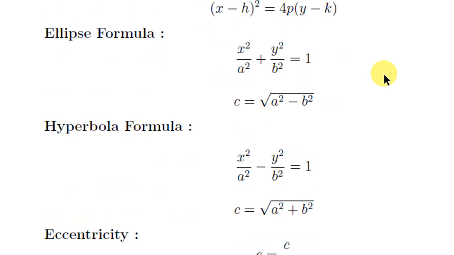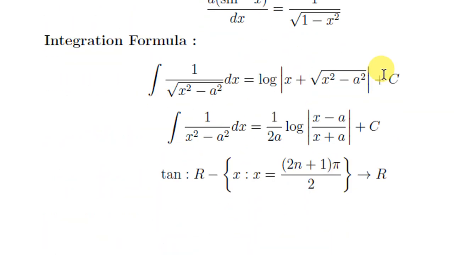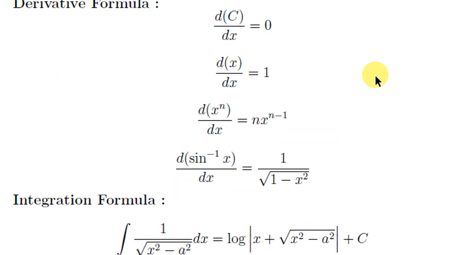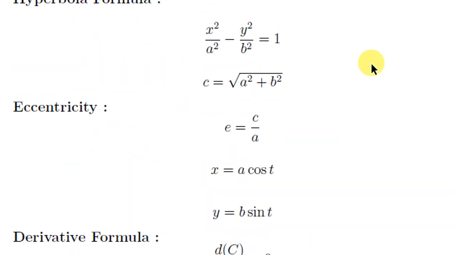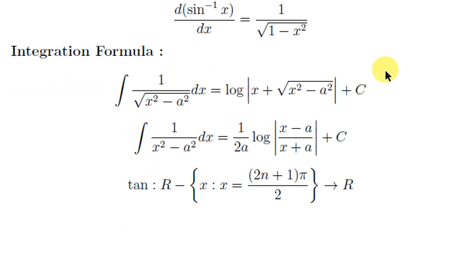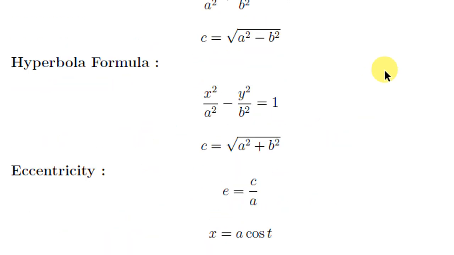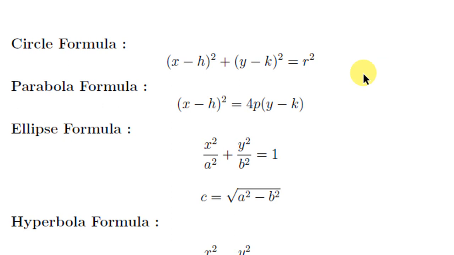We will try all these mathematical formulas and see how to write them all. I am starting from the simple mathematical formula and moving towards the more complicated ones. So let us try and build this equation in LaTeX. First I will build this circle formula, that is (x minus h) square plus (y minus k) square is equal to r square.